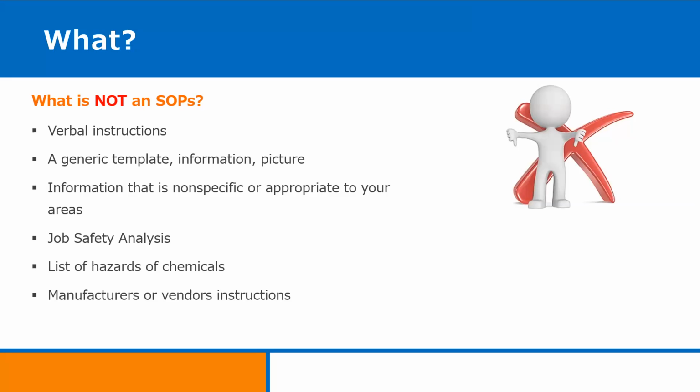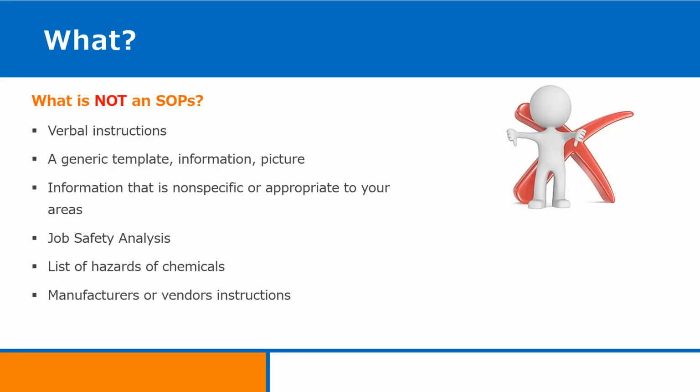Okay, you can use a template, but you need to customize it to your information. Information that is not specific or appropriate to your area. So you download that and you keep it the way it is, and it says you will need to use a certain keyword, but you don't have it in your lab. Or it needs to be done under the biosafety cabinet, and you don't have a biosafety cabinet in your lab. So that really does not help.